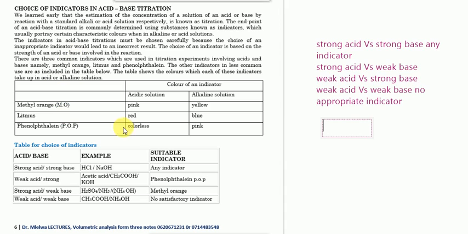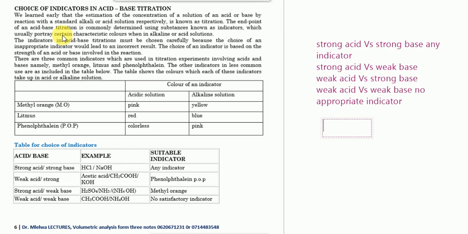So first, we have about 3 types of indicators in your level, and we use these even in the advanced chemistry. So we learned earlier that the estimation of the concentration of a solution of acid or base by reacting with the standard alkali or acid solution respectively is known as titration.